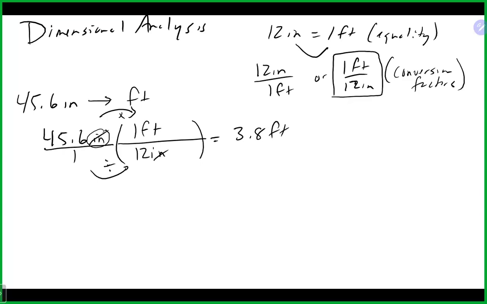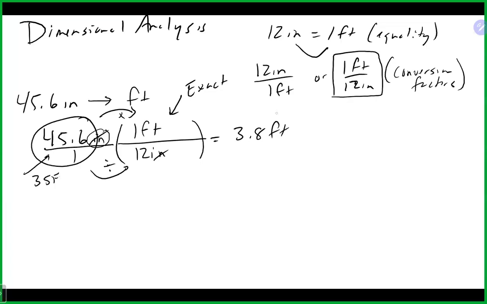Now, in terms of significant figures, whenever you set something up in dimensional analysis, you are always multiplying and dividing, which means you're always looking at just the sig figs. This is an exact number, so we would not worry about it. We would go back to this number, and this is actually the number we have to worry about, which means it is 3 significant figures.